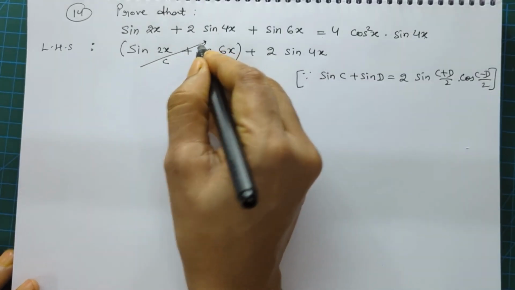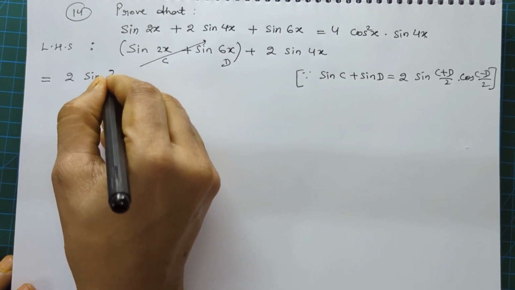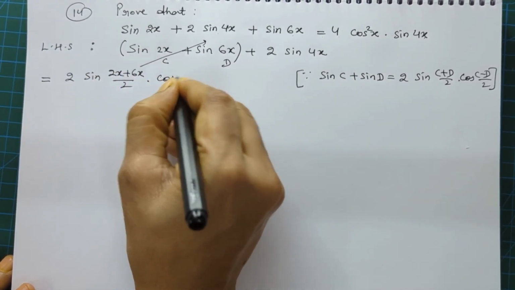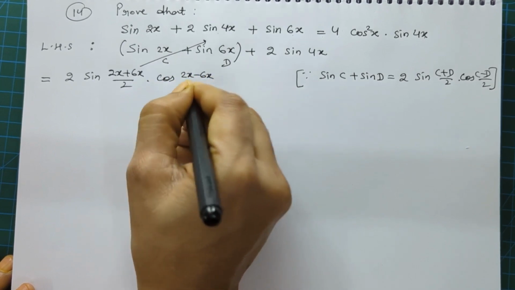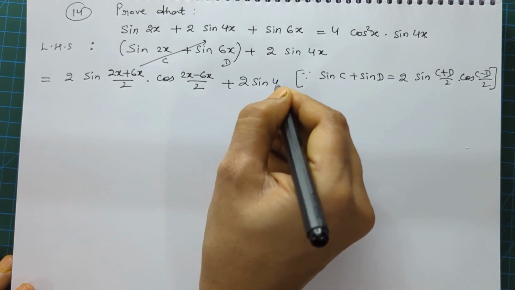So this appears in the form of 2 sine (C plus D) by 2 times cos (C minus D) by 2, plus the third term as it is, 2 sine 4x.